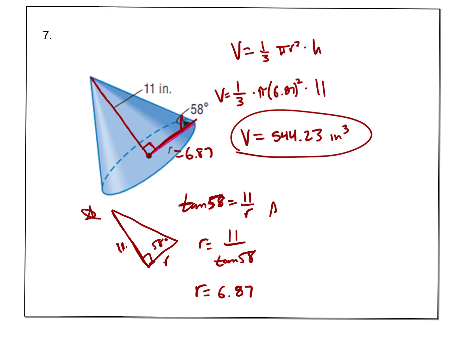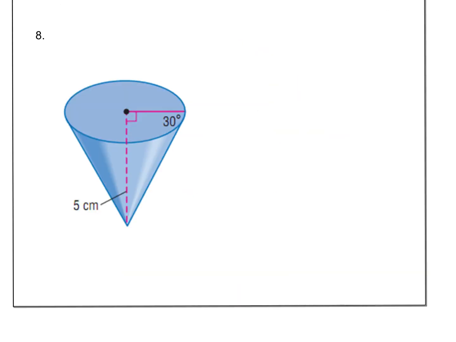This piece, a nice little blast from the past as far as trig. So we don't want to lose those skills. We have to keep those sharp. So here, another situation where we have a 30-degree angle here, and this is 5. And again, I want this. So now I can do trig, I can do SOHCAHTOA, like I did the last one.